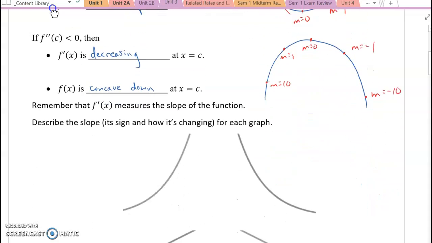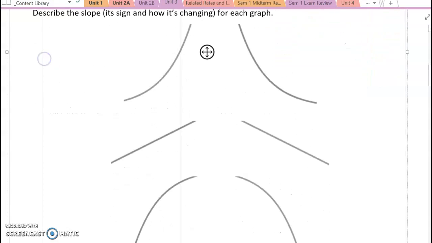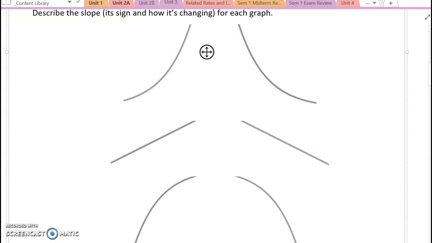All right, so here's kind of a summary. So we can maybe describe each slope and how it's changing. So first of all, the slope is positive here, and the slope is positive here, and the slope is positive here, right?